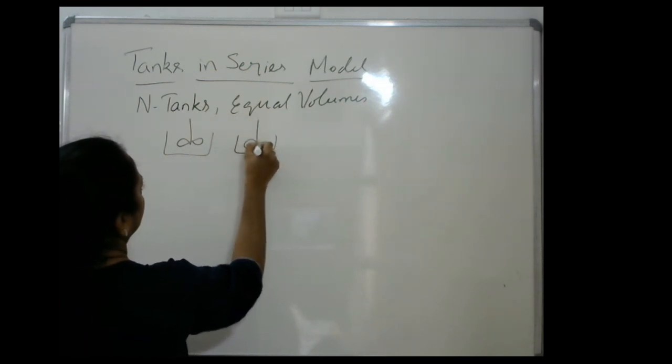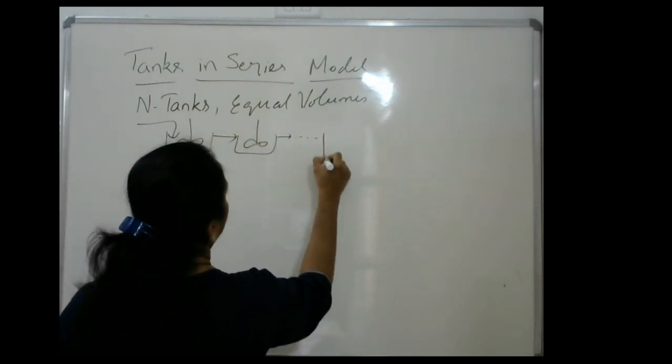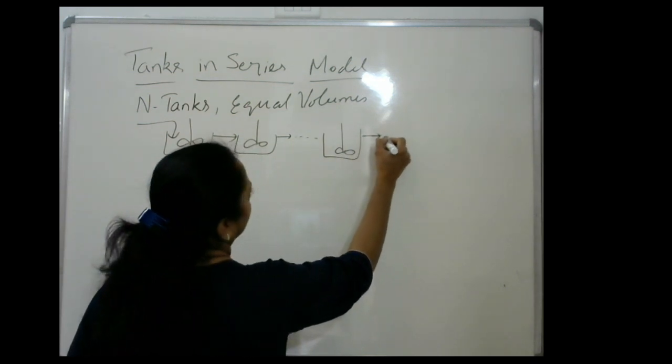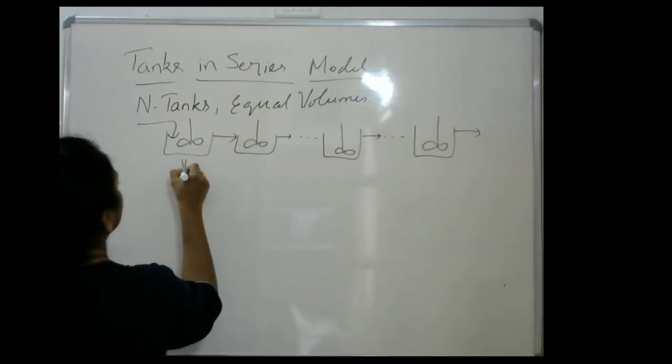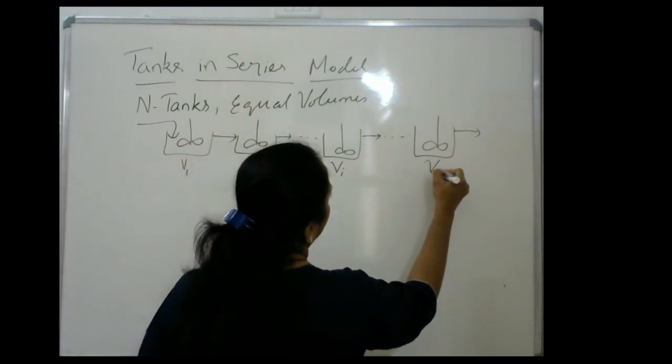1, 2, yeah, it has V1, V2, Vi, individual tank, up to Vn.